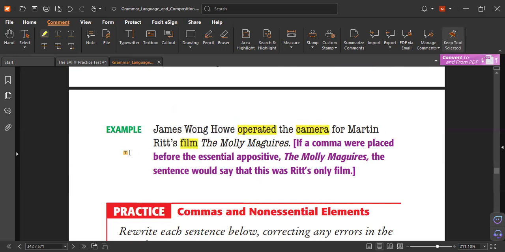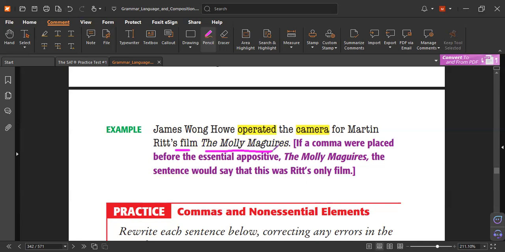Martin directs a film. What is the film? This film. Can I use a comma here? No, because if I put a comma, that means the name of the film is not important. So how can I know which film exactly? So we need to delete the comma to know which film. You catch it? The same rule.